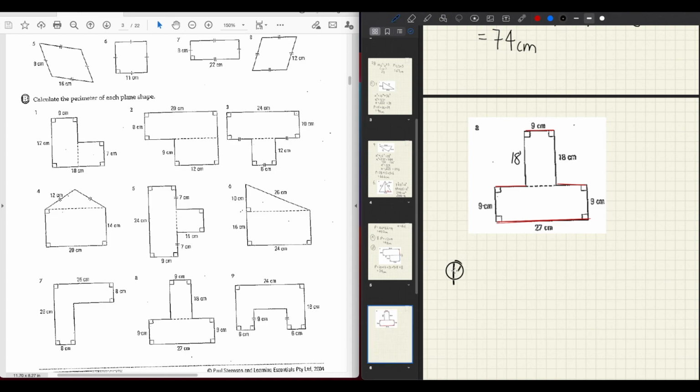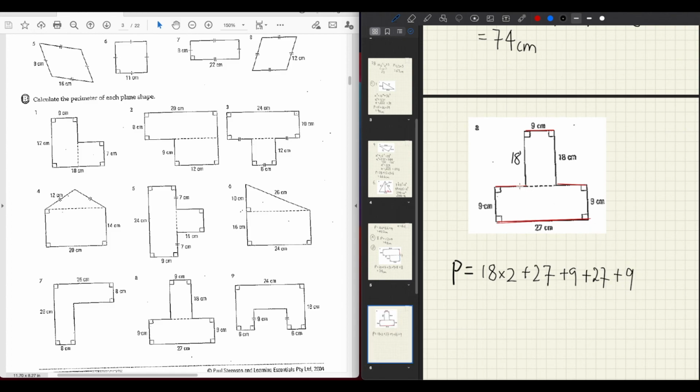Okay. All right. So with that in mind, we can start working on the perimeter. So perimeter is equal to, we have the 18 plus the 18, right? So 18 times 2 plus these 3 sides. And we know that these 3 sides add up to 27, right? Plus 9 plus 27 plus the final 9.